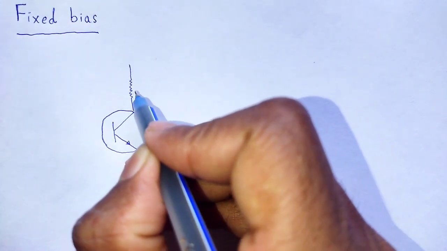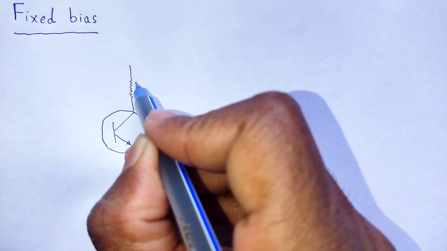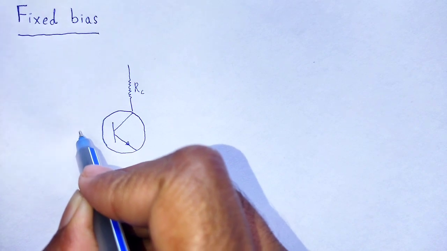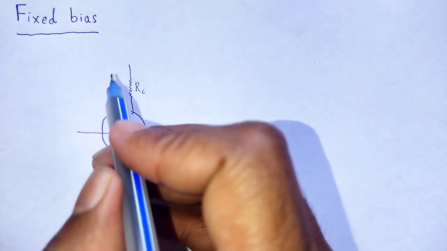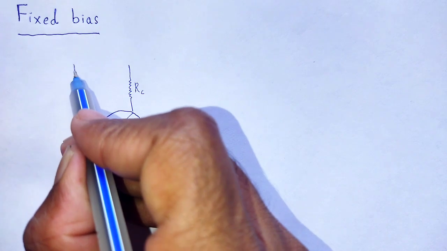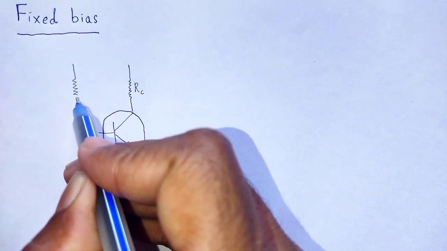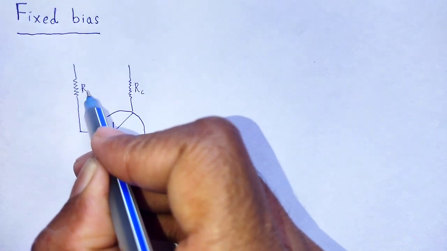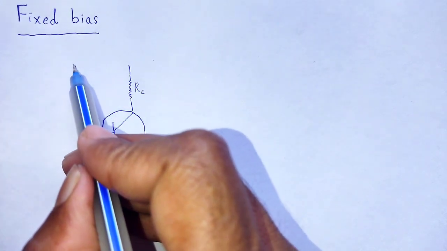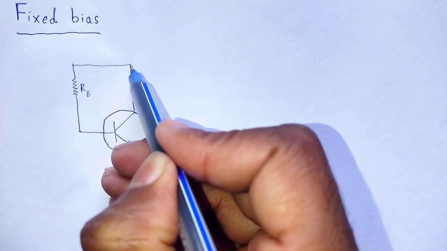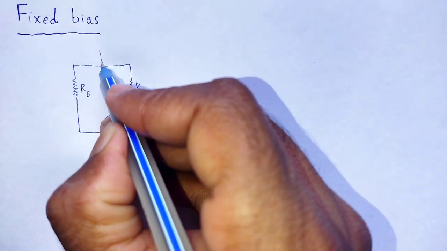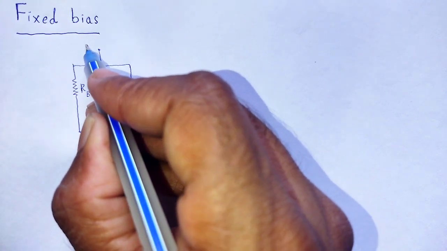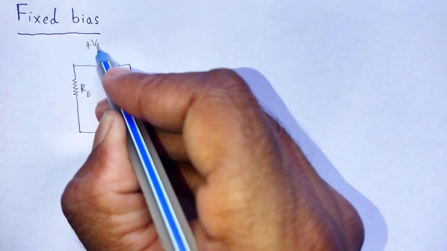Here a resistor having resistance RC, another resistor having resistance RB, and a DC potential plus VCC.